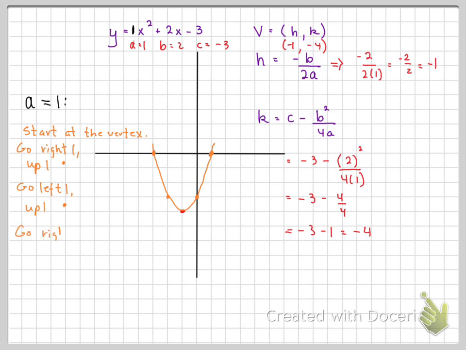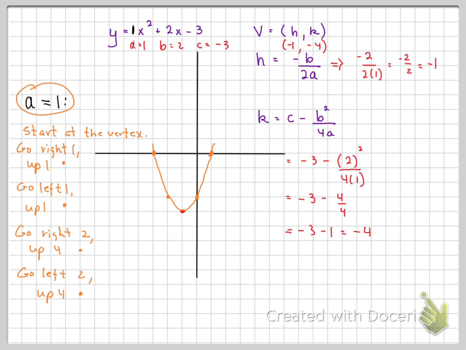Then go right 2, up 4, make a dot, and go left 2, up 4, and make a dot. Now that's when a is equal to 1. And I will show you how to graph very easily when a is not equal to 1.